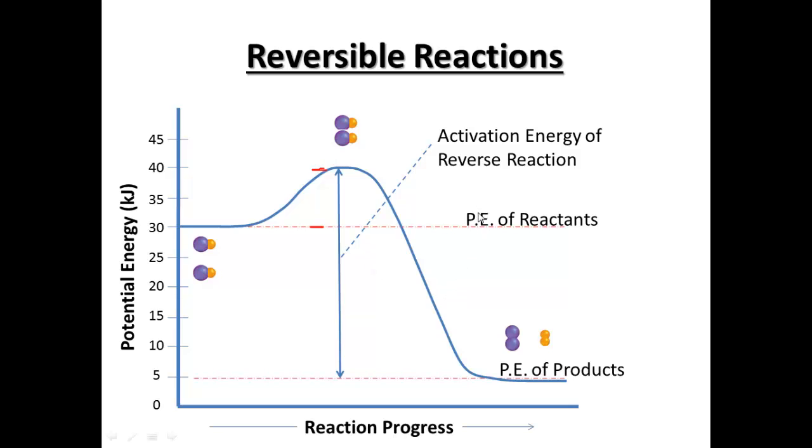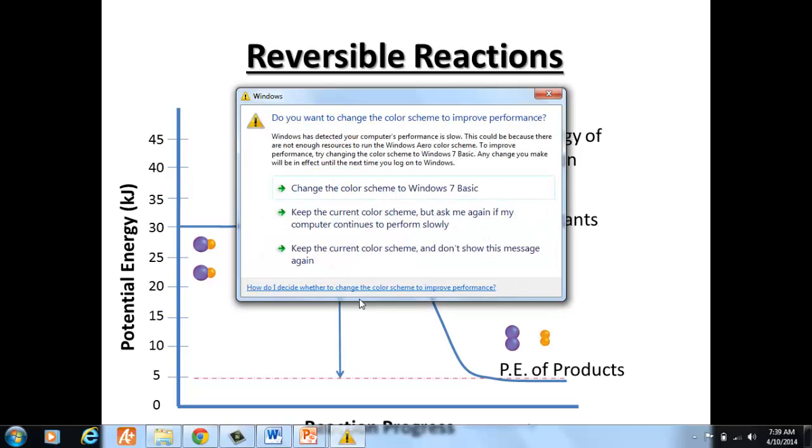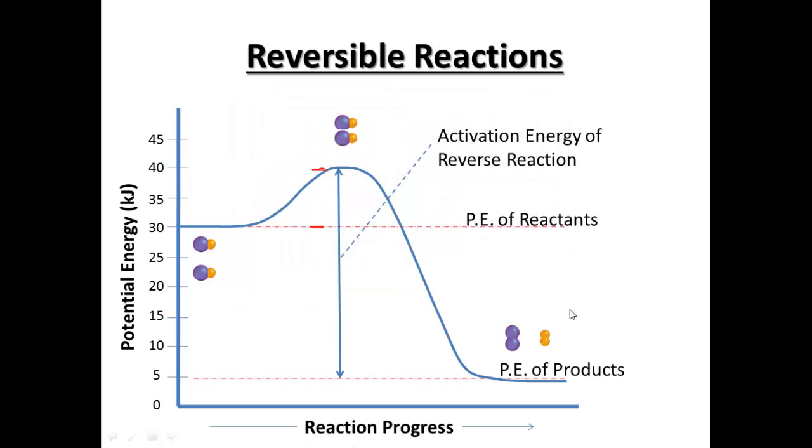However, our activation energy of the reverse direction would be from the potential energy of our products to the potential energy of our activated complex. So 40 minus 5. So this is really how we can show reversible reactions.